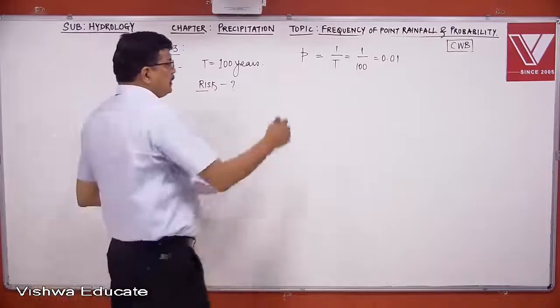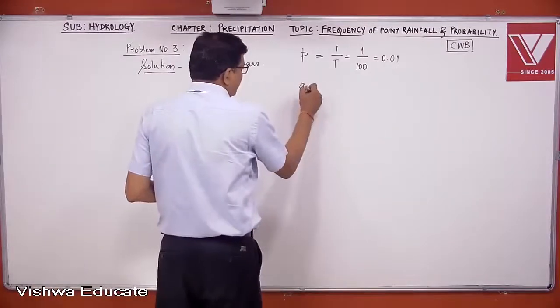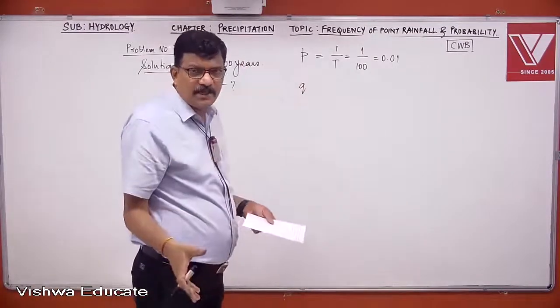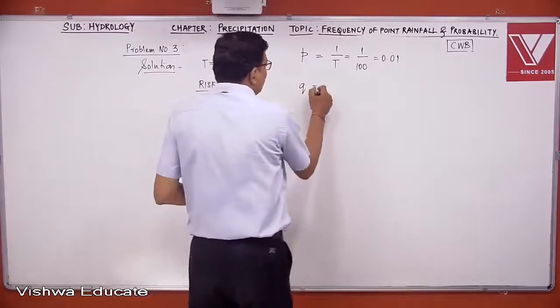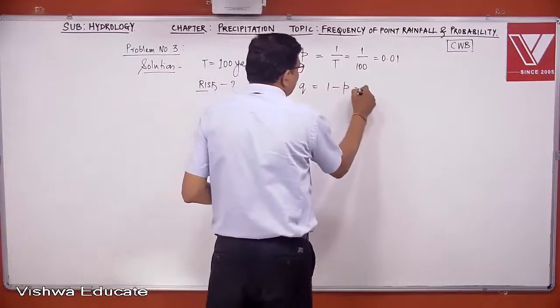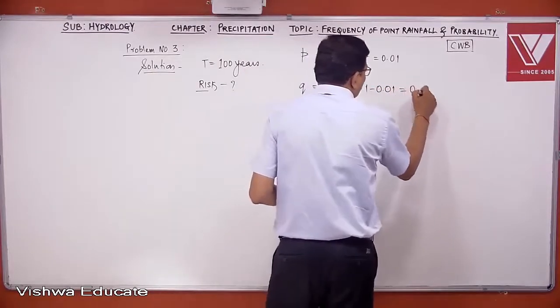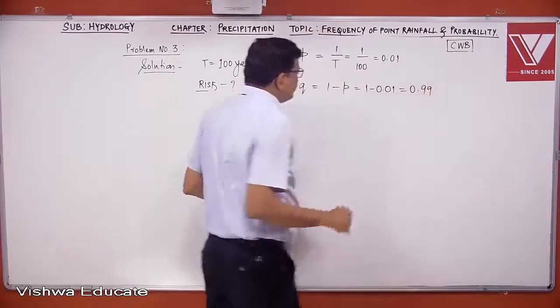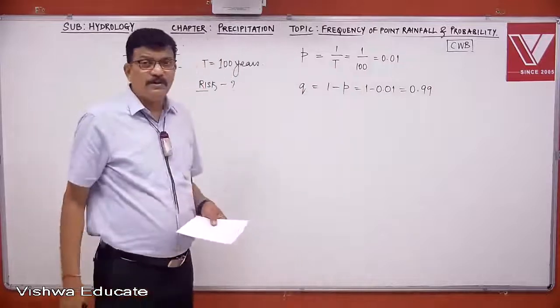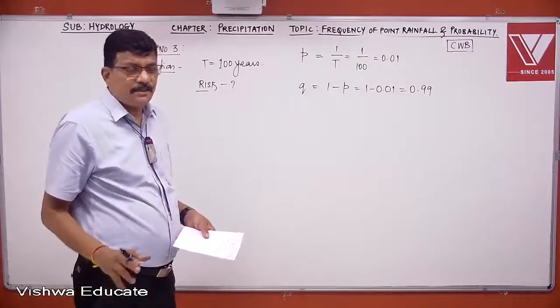The probability of this event not occurring in the given year is 1 minus p, that is 1 minus 0.01, this is 0.99.